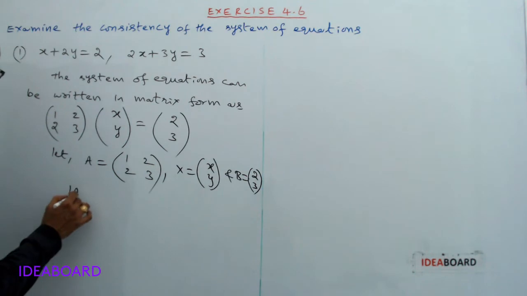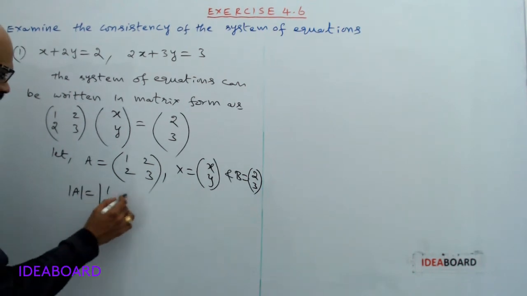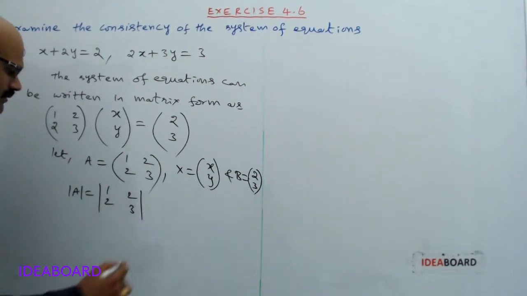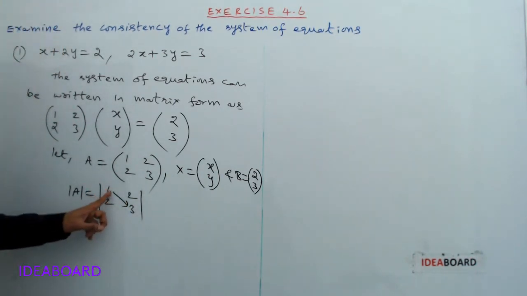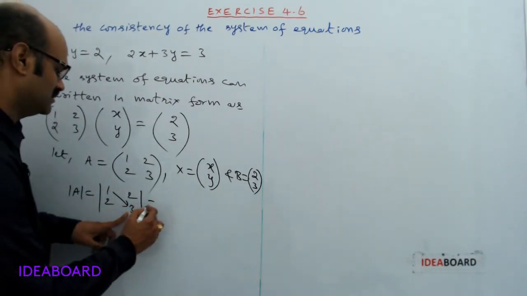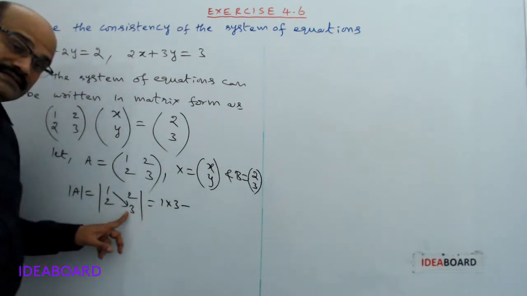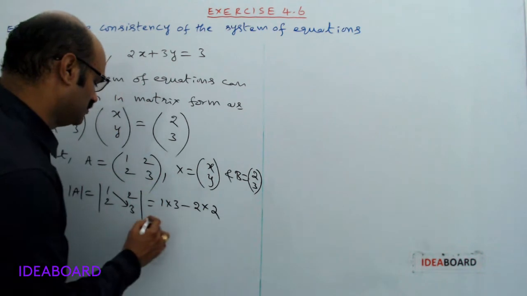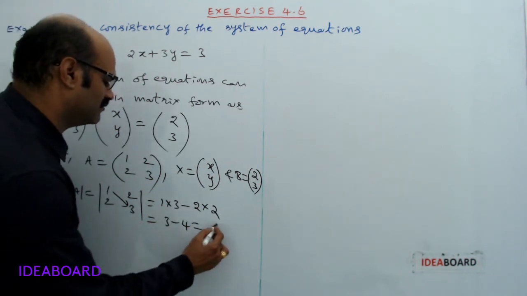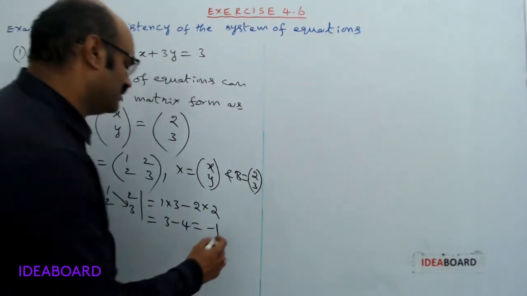Det A equal to determinant of 1, 2, 2, 3. Multiply the principal diagonal elements: 1 into 3 minus 2 into 2 equal to 3 minus 4 equal to minus 1, not equal to 0.